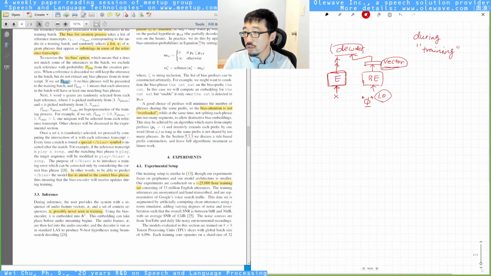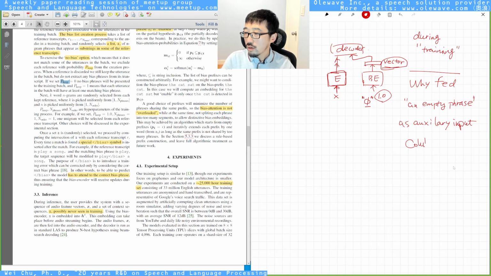So I guess you guys all know what I'm talking about. But my question is why feeding an empty phrase as auxiliary input would help?